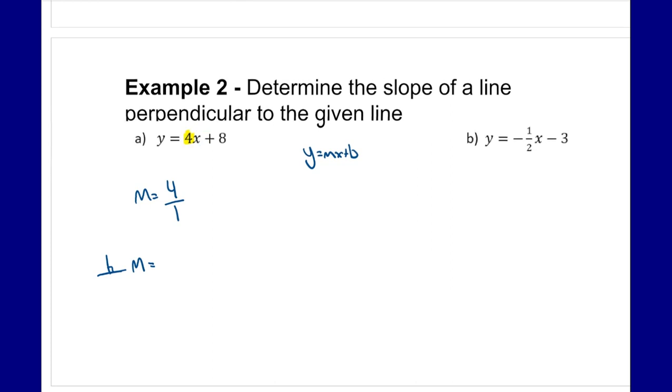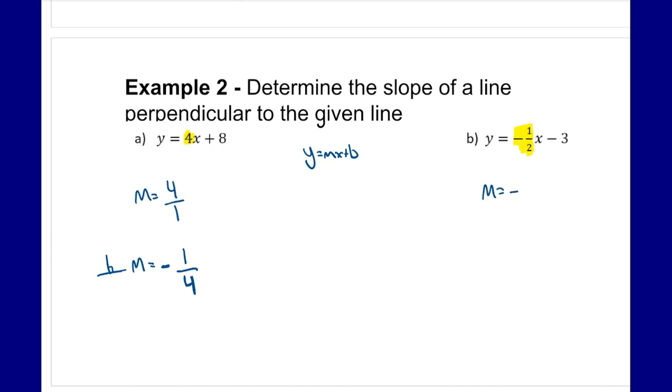In order for it to be perpendicular, we need to do the negative reciprocal. So we need to flip it, make it 1 over 4. We flipped it, but we also need to change the sign. So negative 1 over 4 is our perpendicular slope. For b, we see our slope is negative 1 over 2.